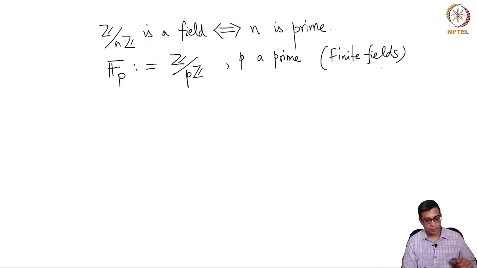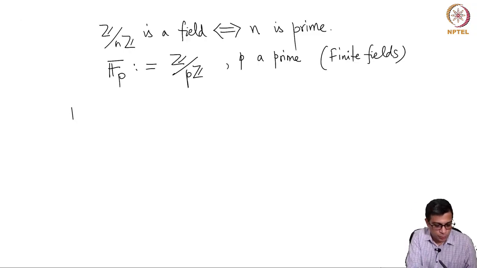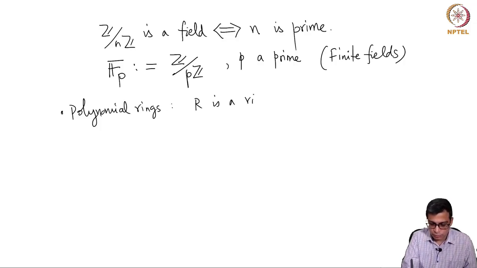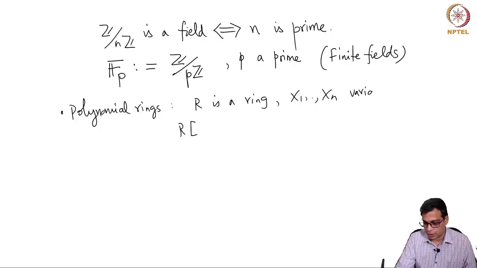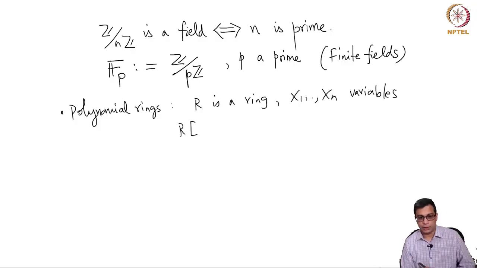Another important class of rings for us is the polynomial rings. If R is a ring and x1 through xn are variables, these are indeterminates. They have no meaning, they are just symbols.